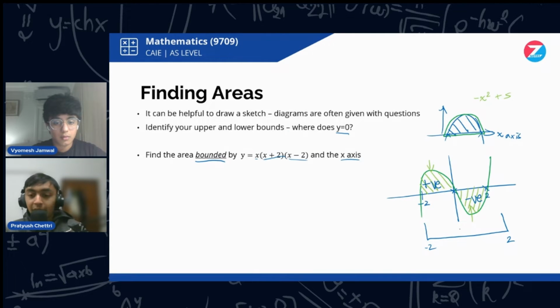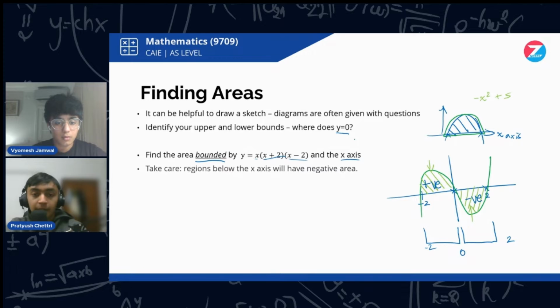Which is why we have to actually take an integral here and an integral here. One with this bound and one with that bound. Take care of the regions that will have negative area, which is what I'm trying to say.